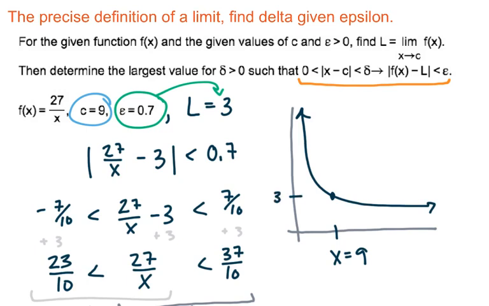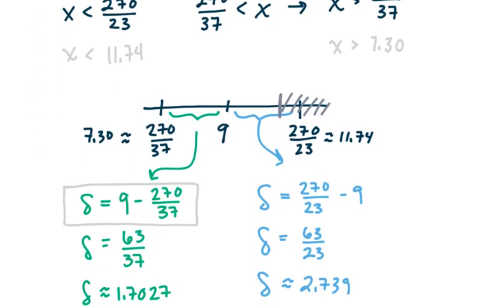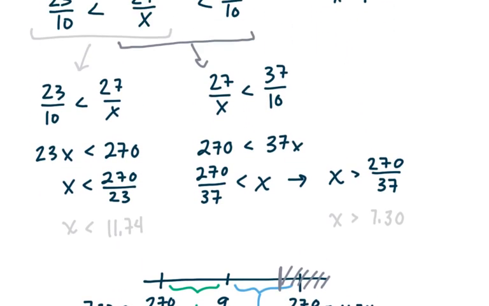And so what this problem says, well, if I want to ensure that my limit is within this range, 3 plus 0.7 and 3 minus 0.7, within 7/10 of 3, as long as my delta is less than this value we found on the bottom here, 9 minus 270 over 37.